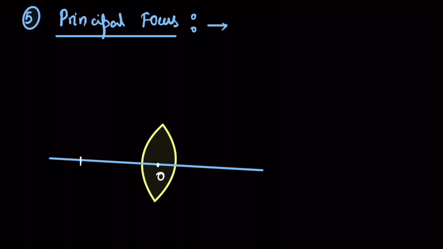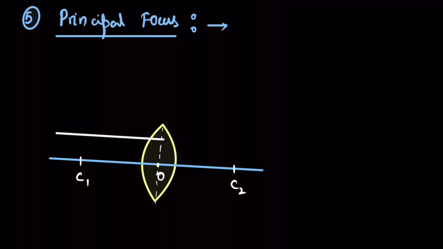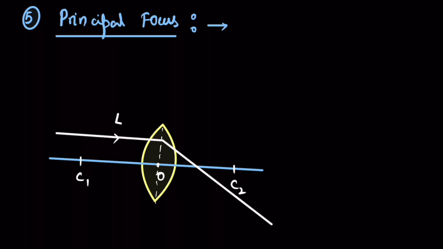Here it is C1, this is C2. So what happens if we take any incident ray? Suppose we are taking from the left side. It will converge and it will pass through the principal axis. So the point at which the refracted ray touches the principal axis is called as principal focus.